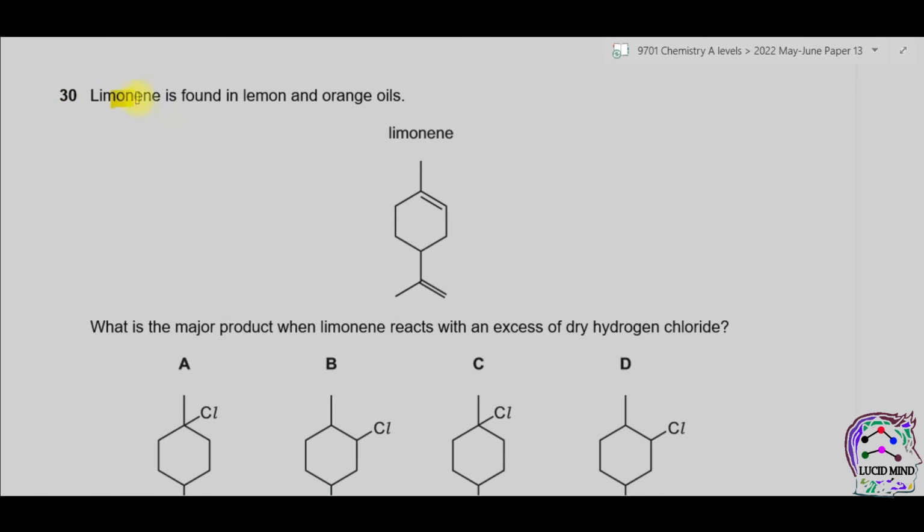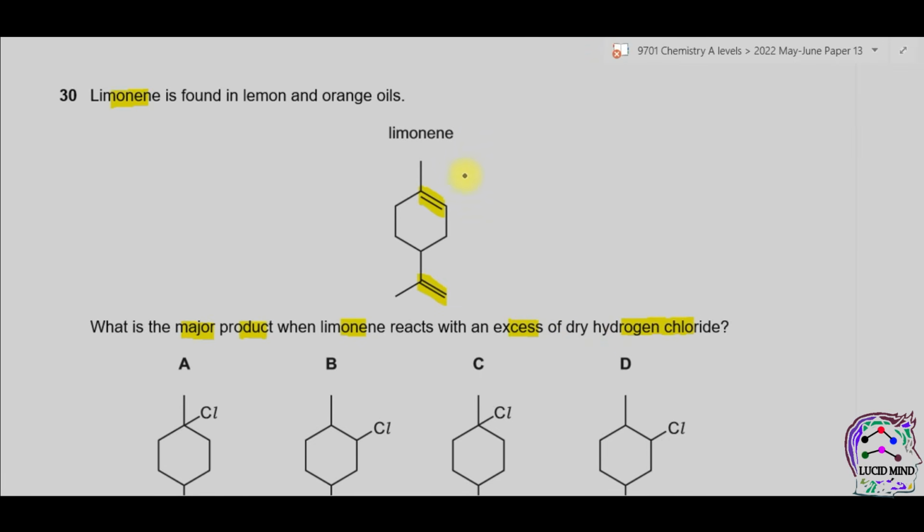Question number 30. Limonene is found in lemon and orange oils. This is the structure. We have a double bond over here. We have a double bond over here. So it is an alkene. What is the major product when limonene reacts with excess of dry HCl?